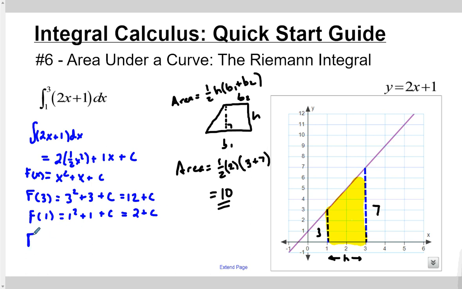And so if we take F of 3 minus F of 1 as per our first fundamental theorem, that means we're taking 12 plus c, subtracting 2 plus c, and we just get 10, which is exactly what we said should happen. So we are in the clear. This is exactly what it says to do. Notice, by the way, that the constant of integration just goes away, so we never really deal with it when we're dealing with the definite integral.